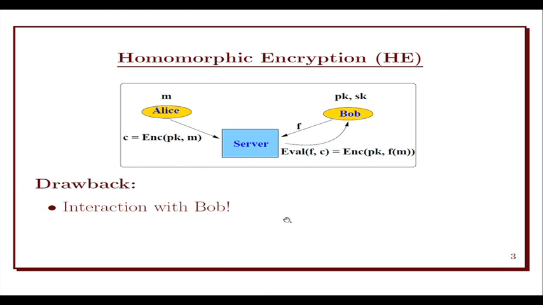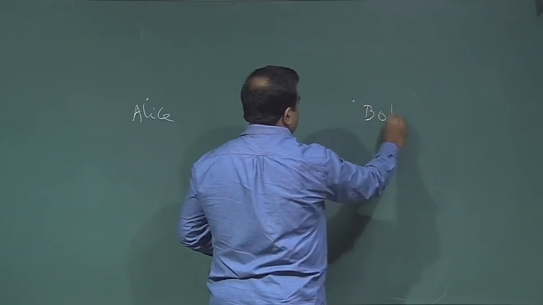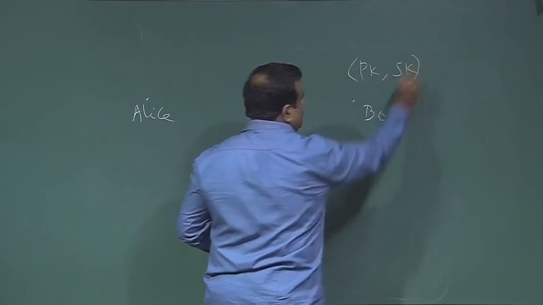So let us talk about homomorphic encryption with an example. Suppose the function is the addition function or the multiplication function. If it is the addition function, we have a C1 which is the encryption of M1 using Bob's public key. So we have Alice and Bob, and this is PK, SK, Bob's public key and private key.